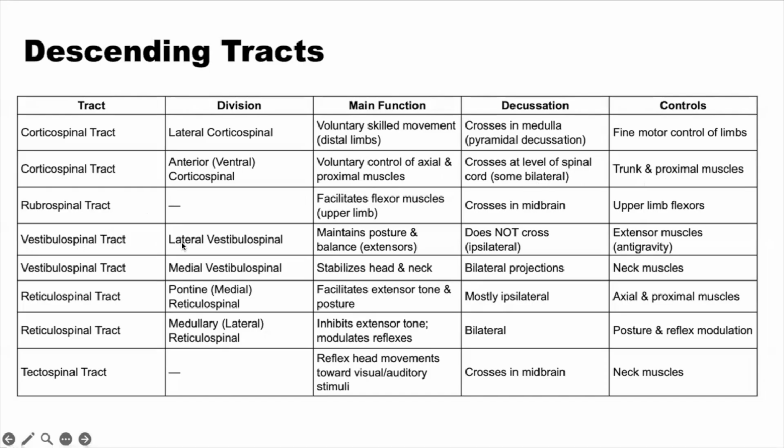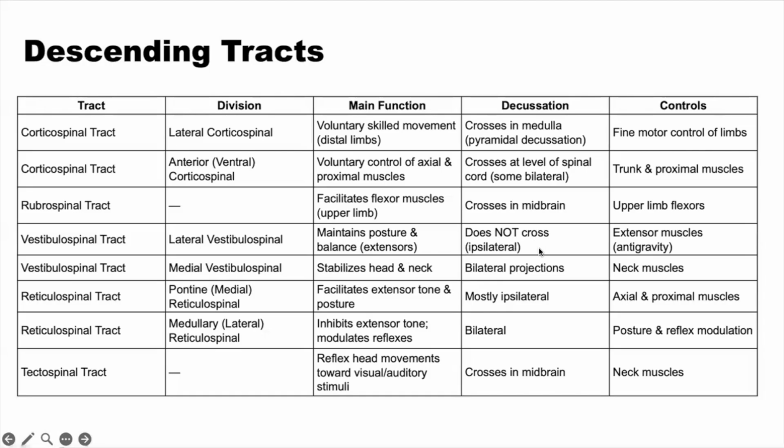The vestibulospinal tract consists of, again, two types: one is lateral, one is medial. The lateral maintains posture and balance, and does not cross; it goes ipsilateral.